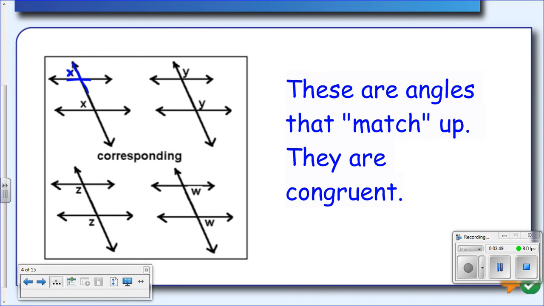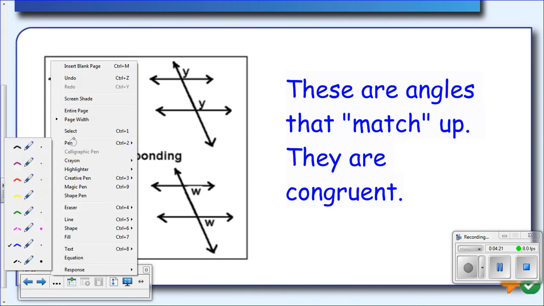So I'm tracing that, and what I can do from here is if I take this and pull this down, you'll notice the angle and all the other angles match up. So I'll do it again. So I traced this right here, and you'll notice this angle right here, if I slide this down the transversal, has a twin down on the bottom. This angle up here matches with this one right here.